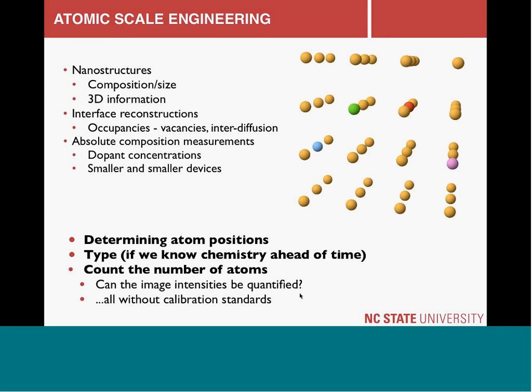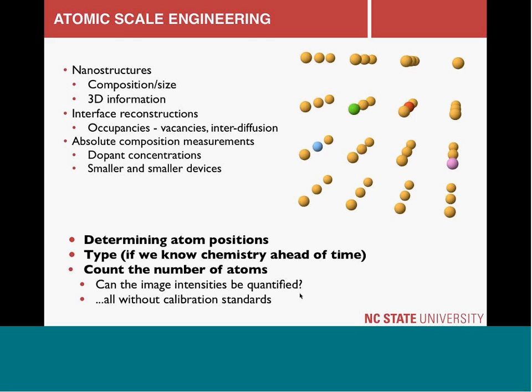All right. For engineering, what we really need are techniques that can analyze our materials. For structures, we want composition and size, we want dimensional information. For an interface, for instance, we want reconstructions. That means occupancies, displacements, or segregation of certain elements to an interface.